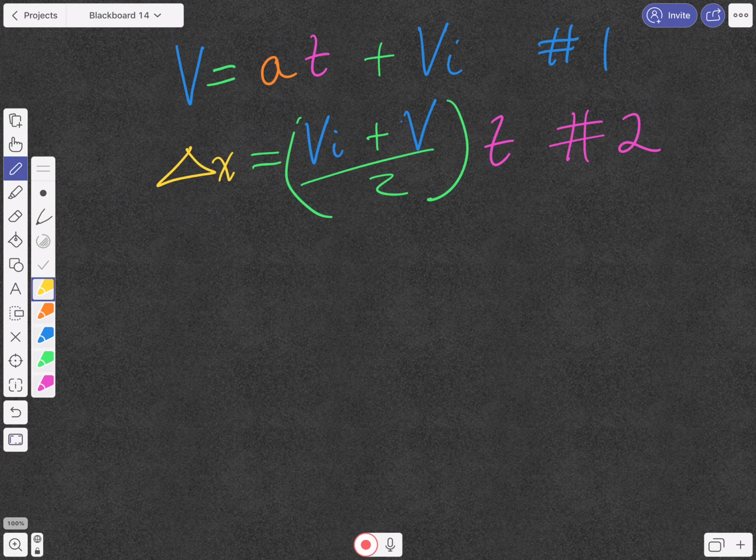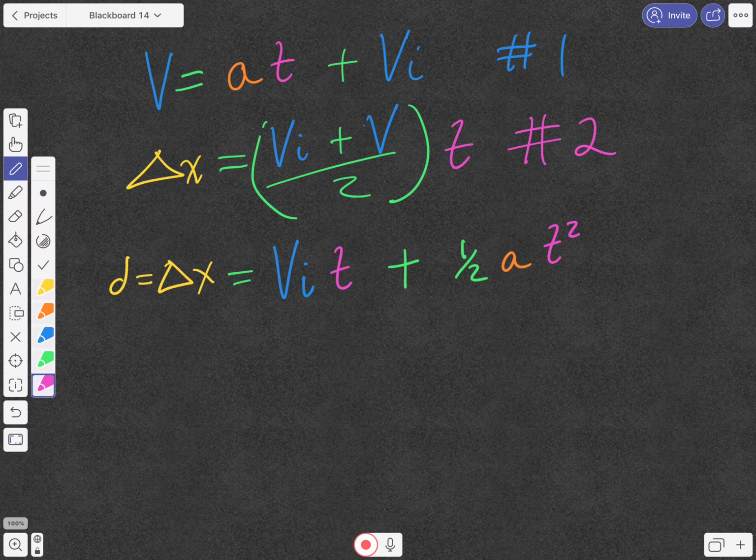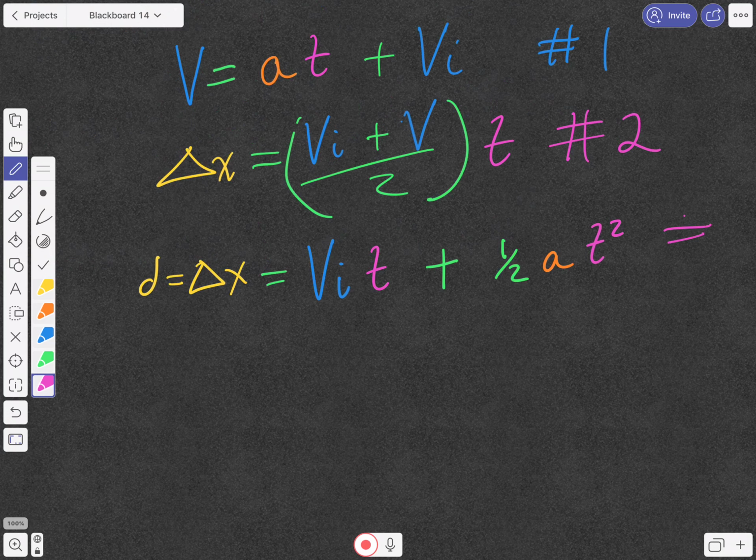Our equation number 3 was d or delta x, or change in position, is equal to our velocity initial times our time plus 1/2 a t squared. So this was our number 3 equation.